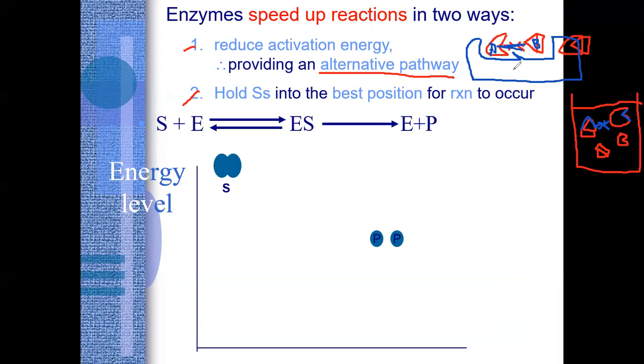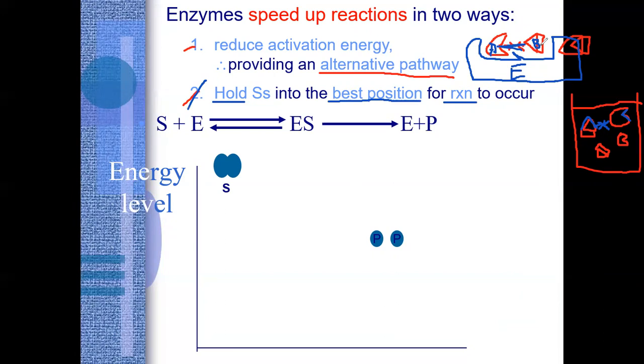So you can see what the enzyme is doing here is holding the substrates in the best position for the reaction to occur. Reaction here means that A will form a bond with B. So the enzyme holds A and B in the correct orientation so that very easily the reaction will take place.